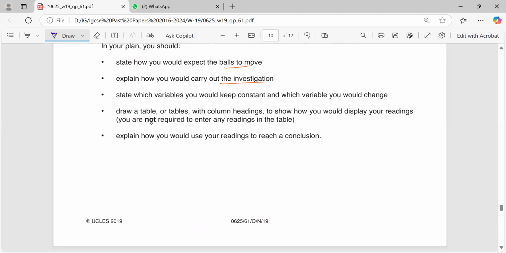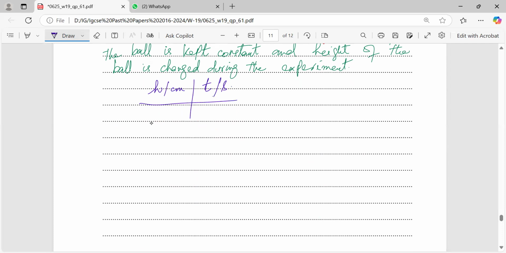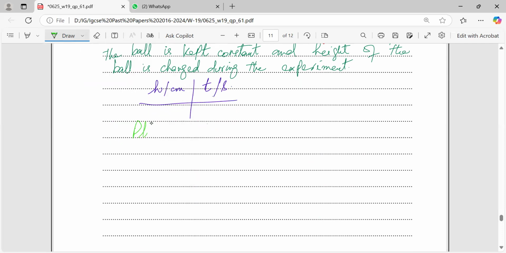So the last one will be: plot a graph of height against time.